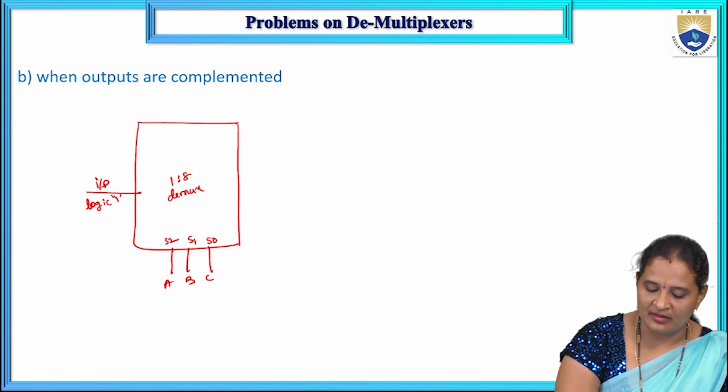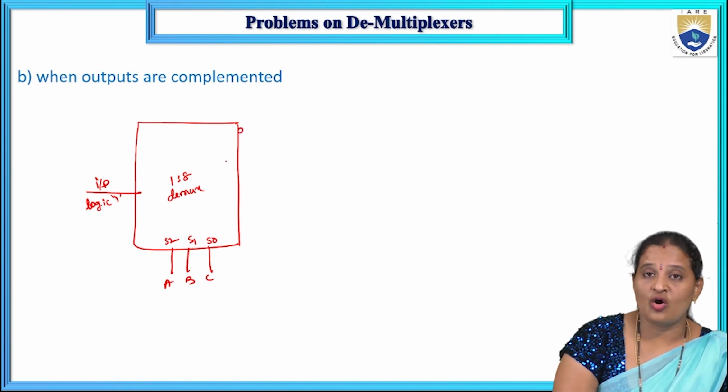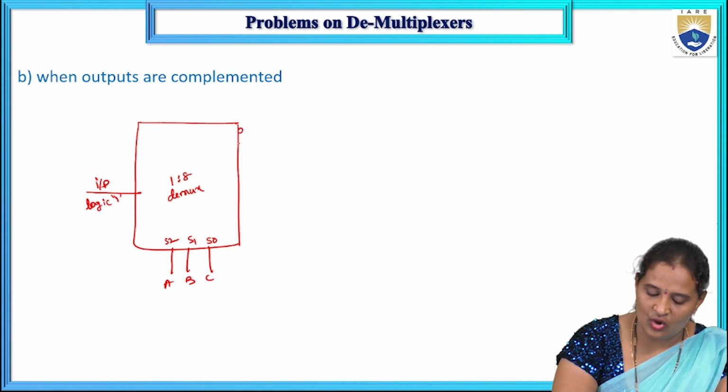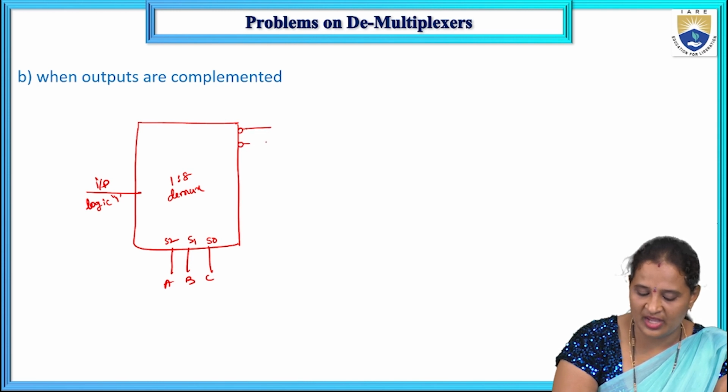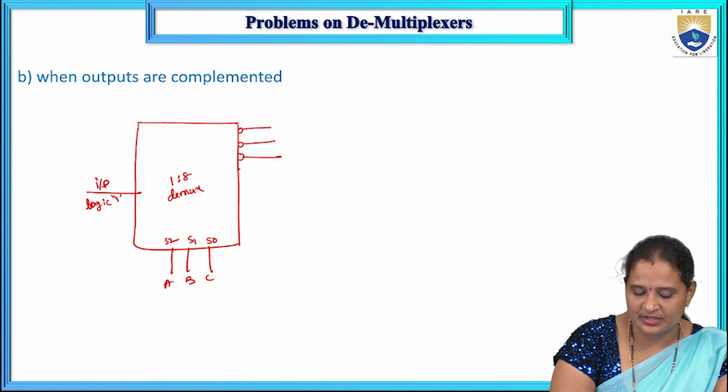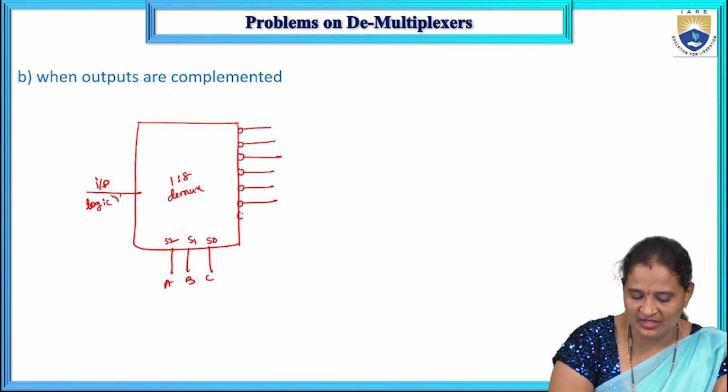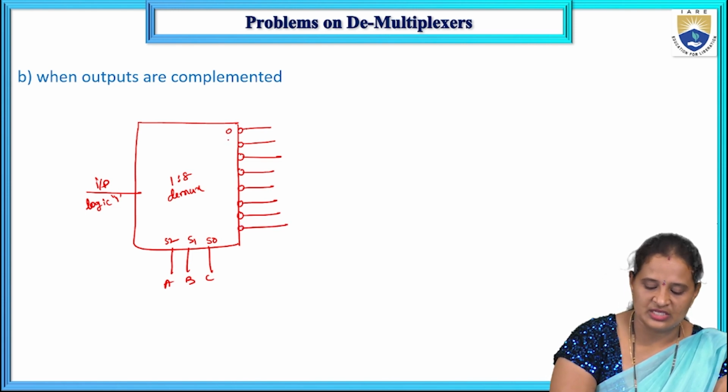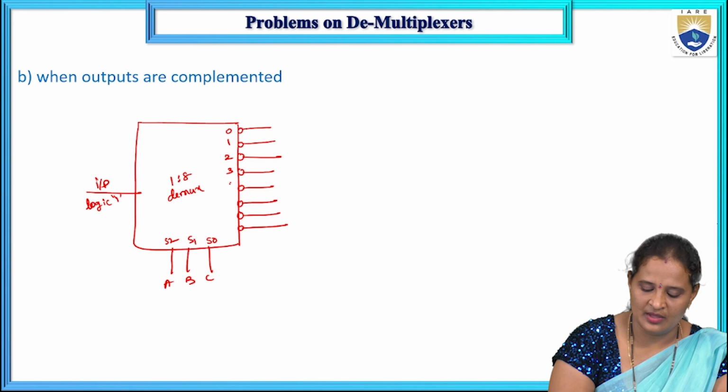And since the outputs are complemented, we need to take bubbles at the outputs. A bubble at the output represents active low. So these are outputs 0, 1, 2, 3, 4, 5, 6, 7.